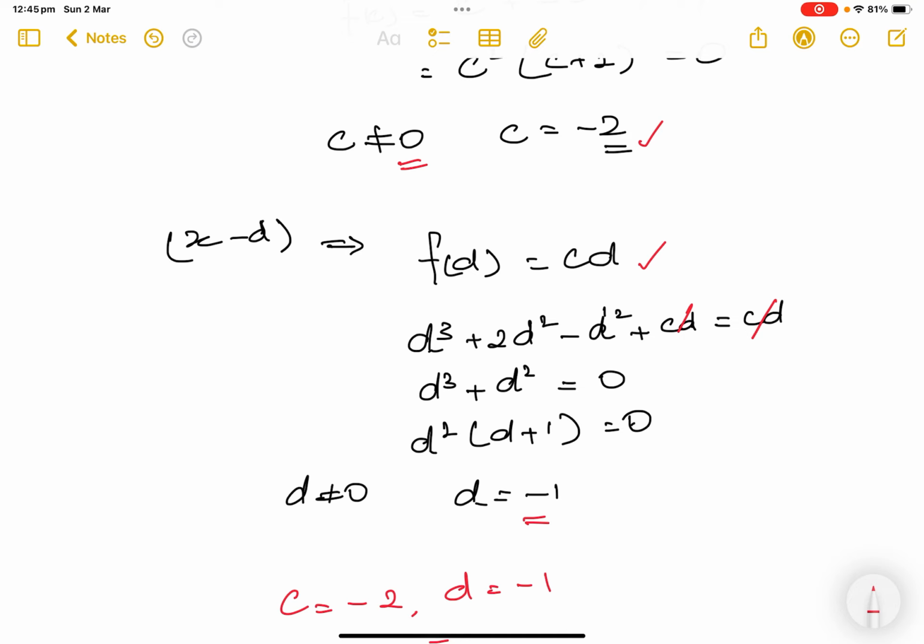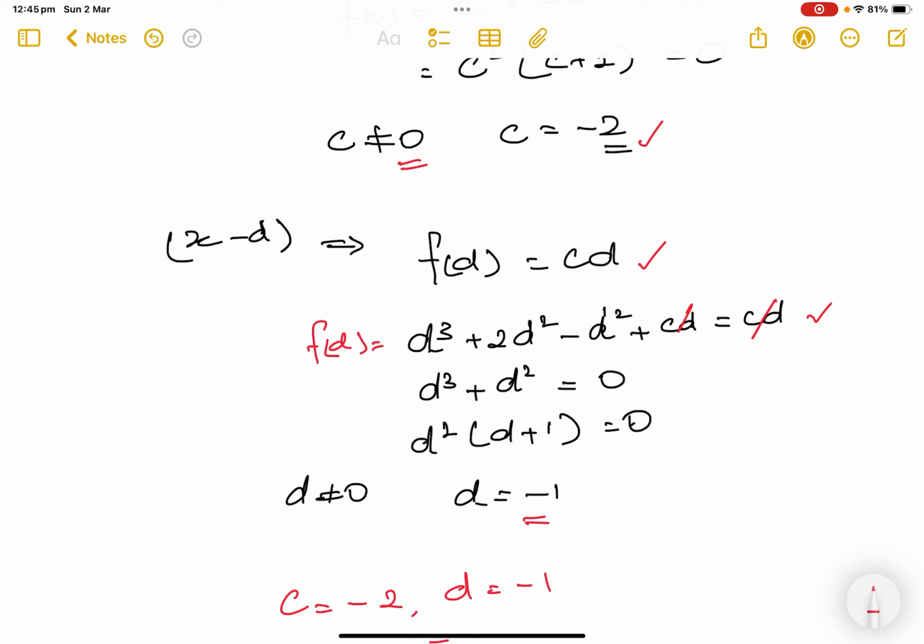If we substitute x equals d, f of d is d cubed plus 2d squared minus d times c, sorry, x is d, so d squared minus cd. And that equals the remainder, because it says that cd is given. So that is cd.